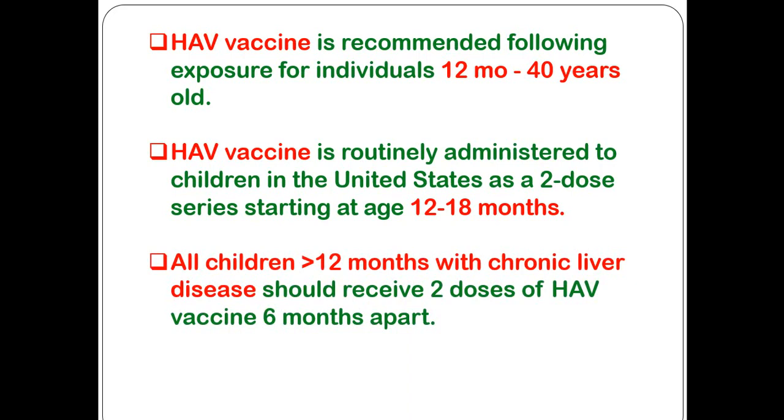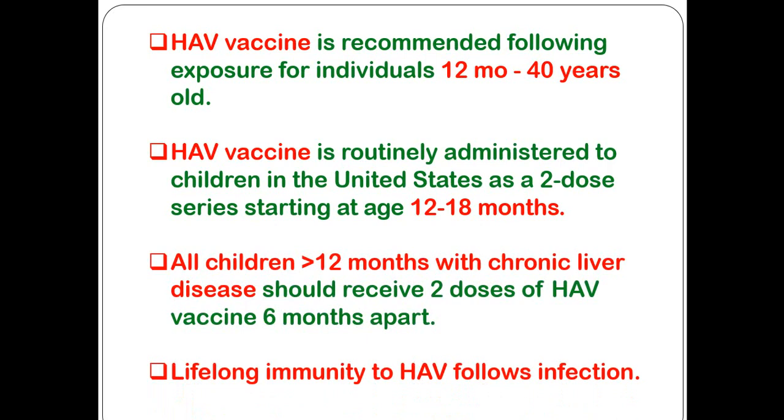All children more than 12 months of age with a chronic liver disease, for whatever the cause, should receive 2 doses of hepatitis A virus vaccine 6 months apart. And you have to know that lifelong immunity follows infection. So, now 3 important facts you have to focus on.